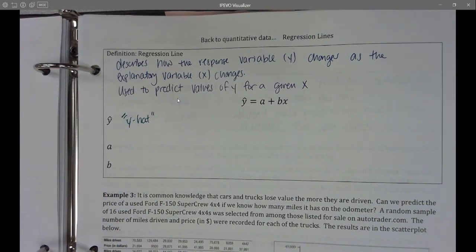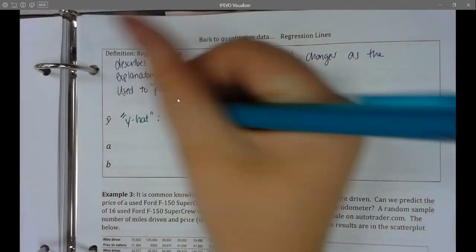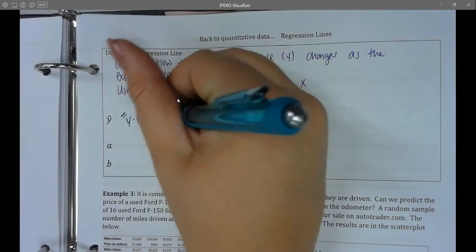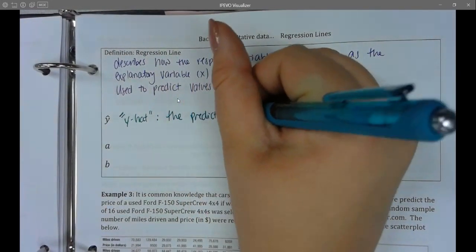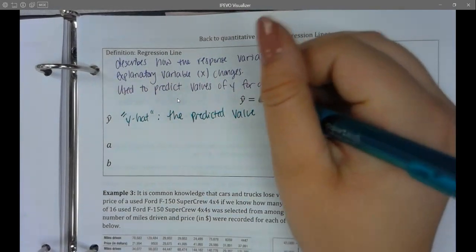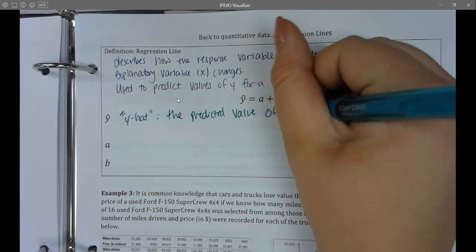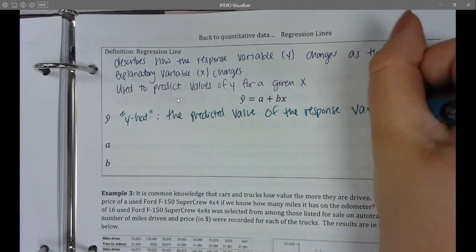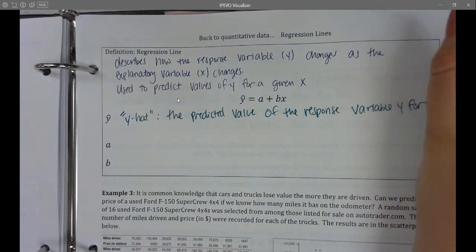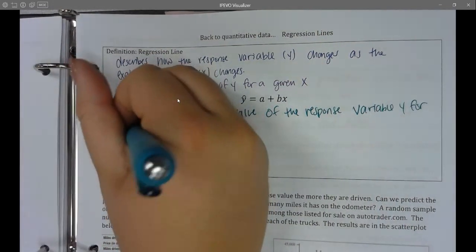Just like we had x bar, the y is wearing like a little hat, so he is called y hat. Yes, that's a real thing. It's not something that I made up. Okay. And y hat is the predicted value of the response for a given x.